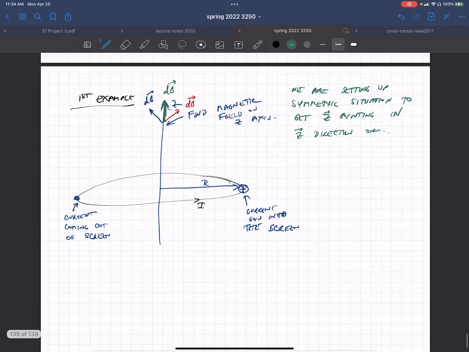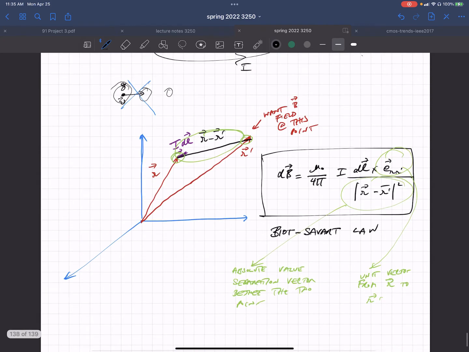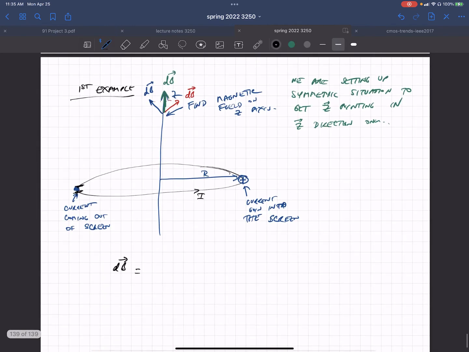So having done this, we're going to end up with the magnetic field caused by just a small segment here. So again, we're going to follow this equation. It's going to be mu naught I over 4 pi.